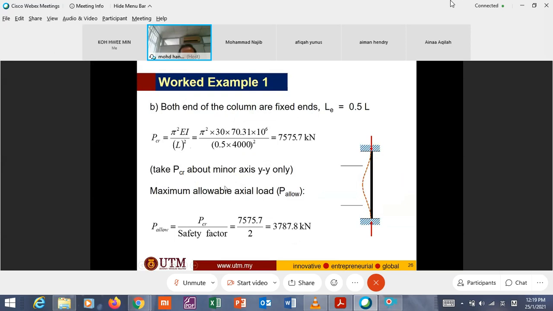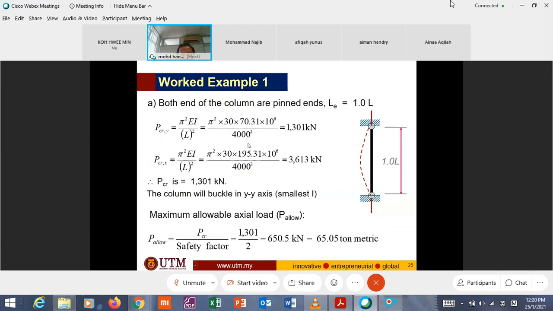So you don't have to calculate about the major axis. If you don't believe me, you can do your homework. You check this one, 195, and you replace it with 2000. See what happens.